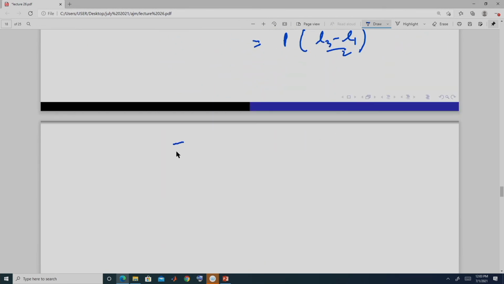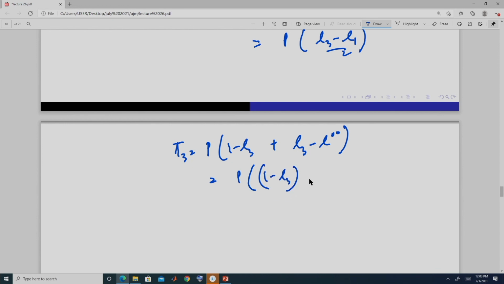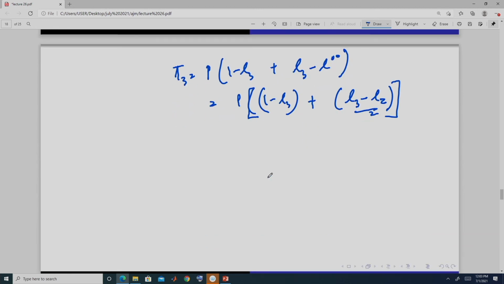And the profit of farm 3 is equal to 1 minus L3 plus L3 minus L2, this. Now, we have to find the exact locations of L1, L2, L3.